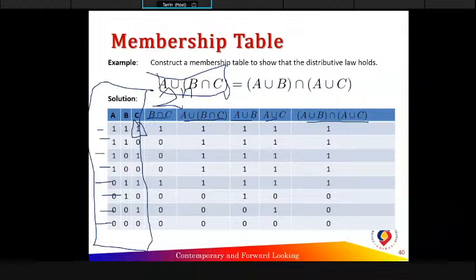First we start with B intersect C. We know that if the element is present in B and it's present in C, therefore this is true, or the element X is a member of B intersect C. And then A union B intersect C. If the element is present in B intersect C or in A, then we say that the element X does exist as a member of this operation. Now we finish on the left hand side.